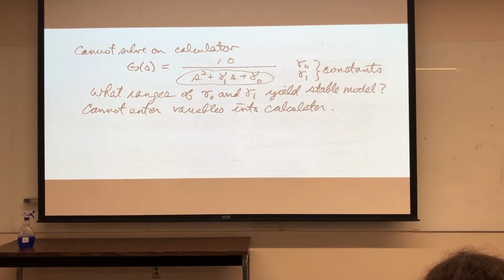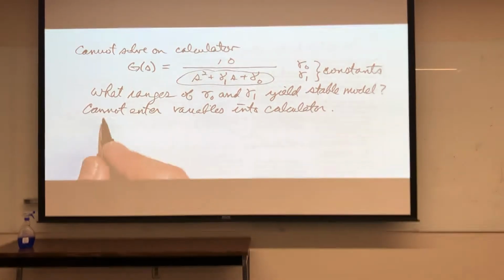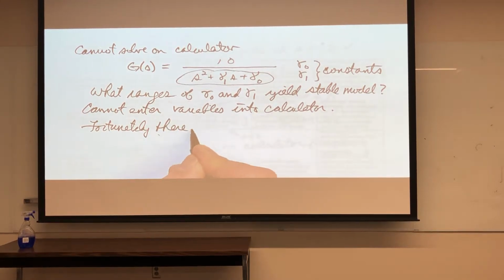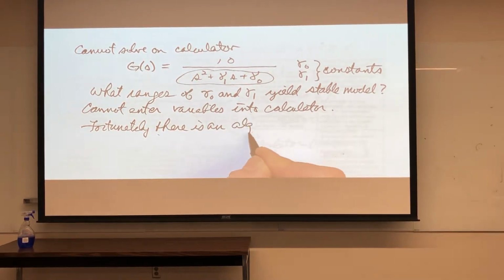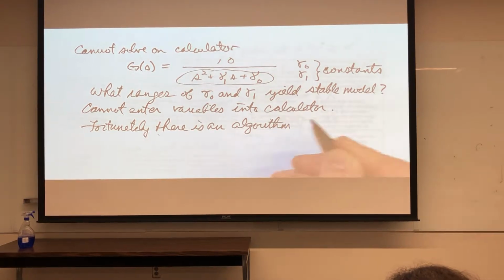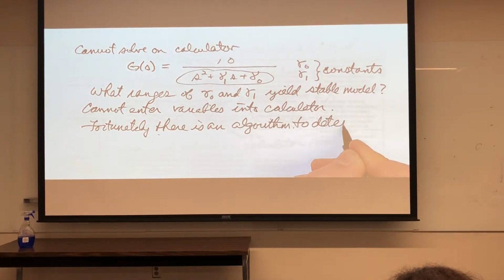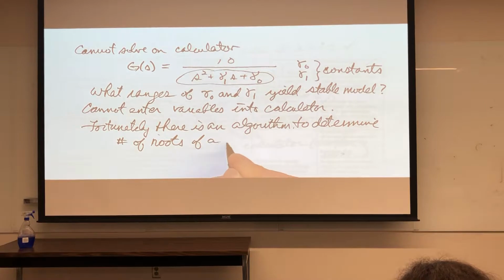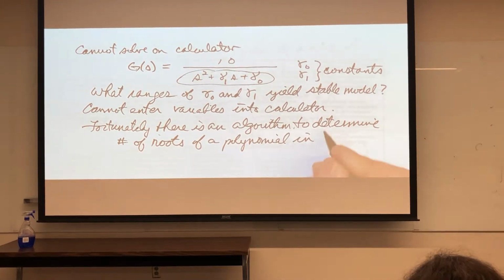Now it turns out that there is an algorithm for determining how many poles there are in the right half plane. Fortunately, there is an algorithm to determine the number of roots of a polynomial in the right half plane.